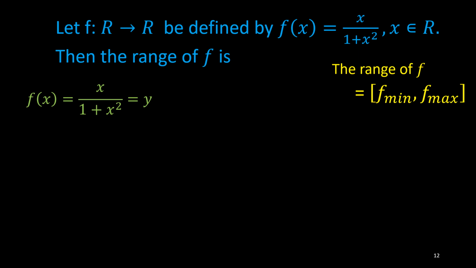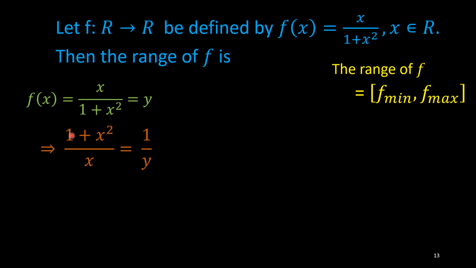I will suppose that the value of this function is y. Then I will take the reciprocal of this. The denominator is 1 plus x squared because this is second order, and the numerator is x. So this will become 1 upon y on the right side.